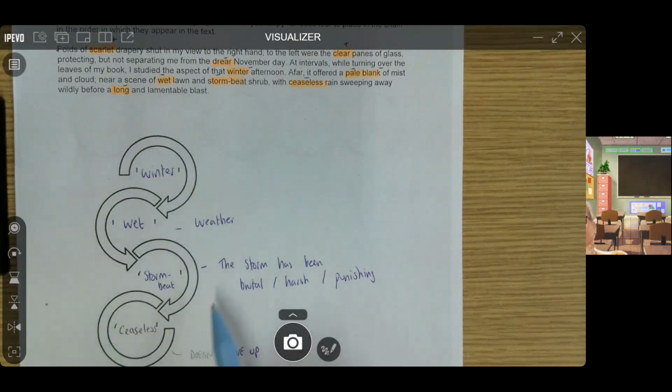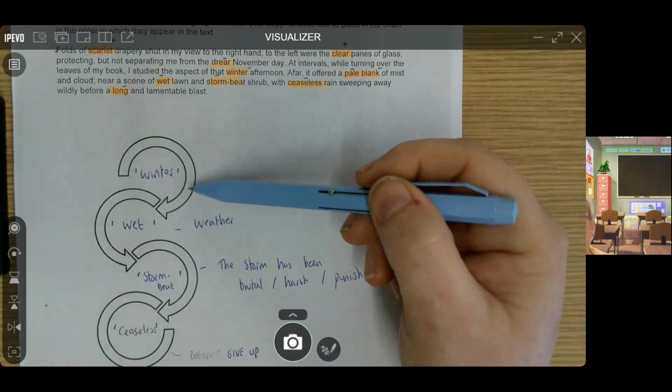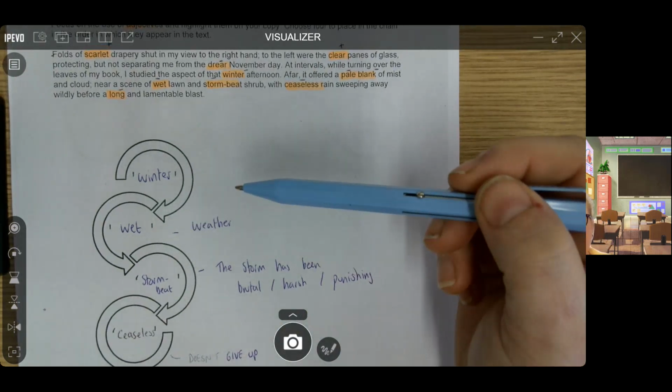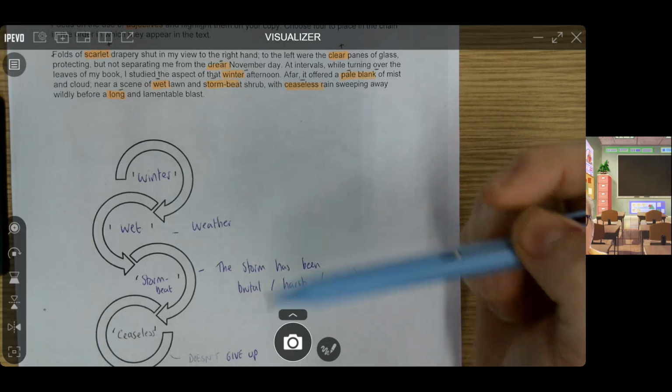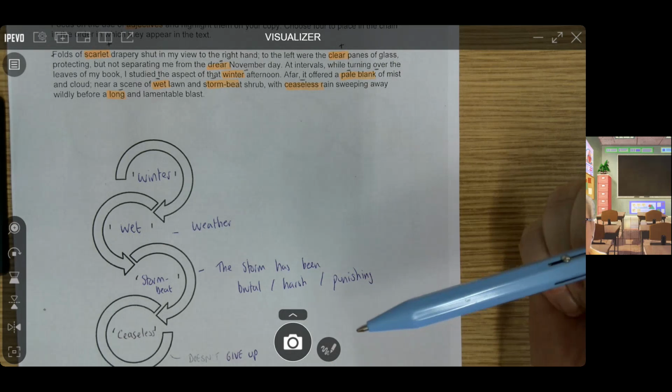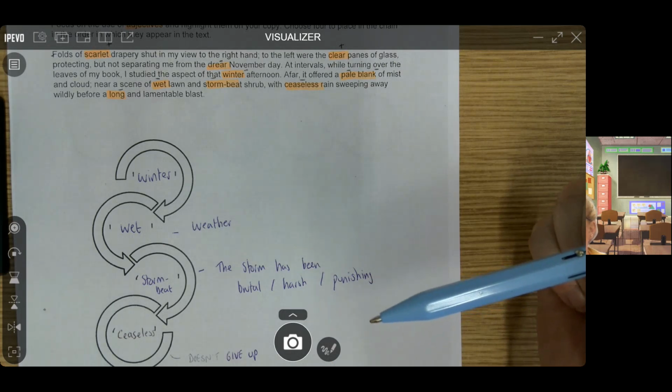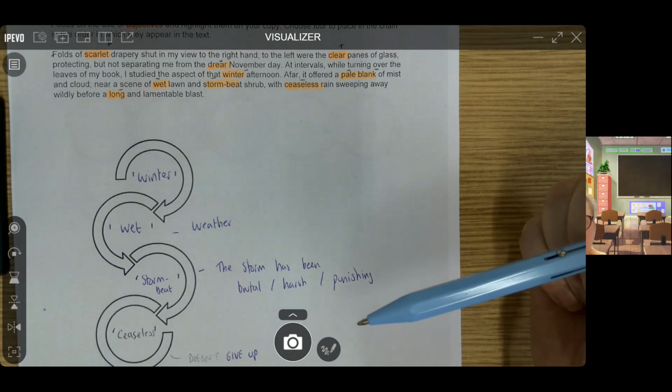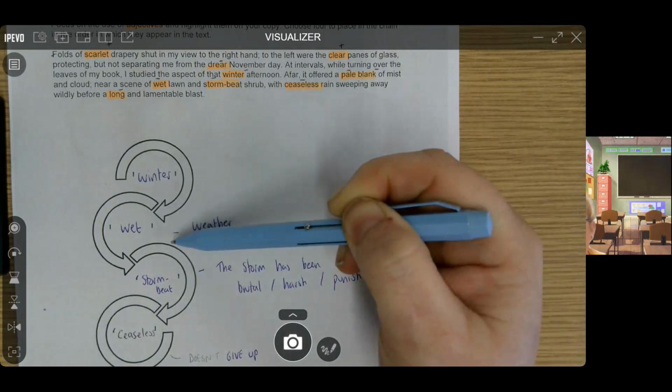So if I look now at the relationship between these words, that's how I start to show the cumulative effect. The fact that I'm being told it's winter gives me a preconceived idea of what the weather and the environment is going to be like. It already sets up a negative tone. I imagine things that are cold and dark and wet.